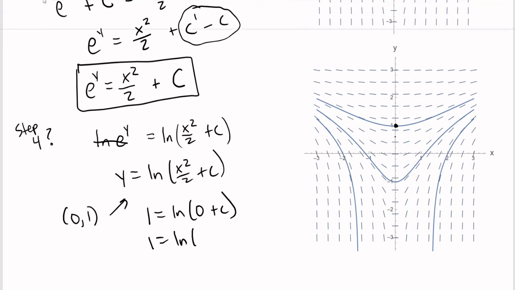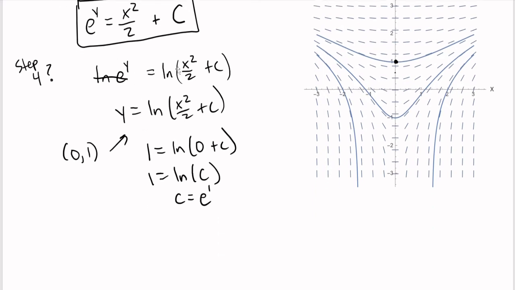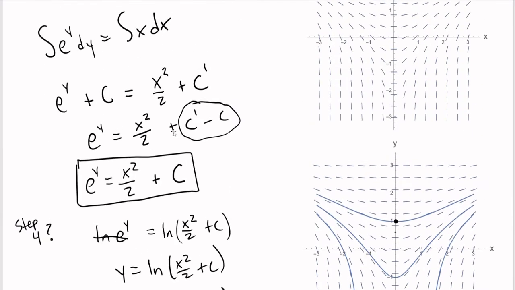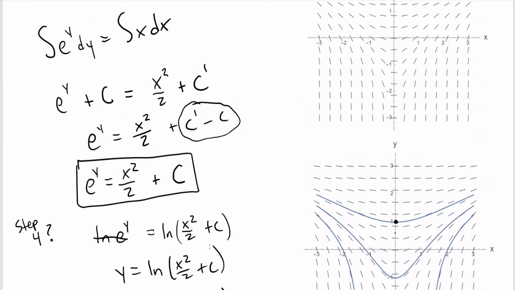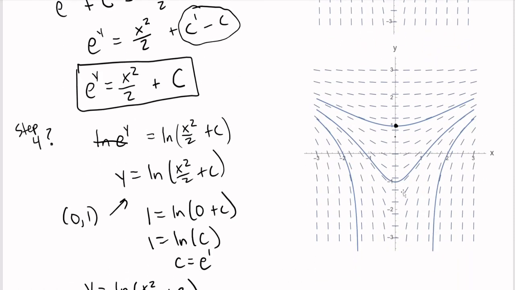Then we just have to solve this, right? c is going to be equal to e to the 1. So altogether, if I knew that this point was on my solution curve, then my actual solution curve is just given by this. So you're done here. But I'm just showing you this is an infinite number of solutions.